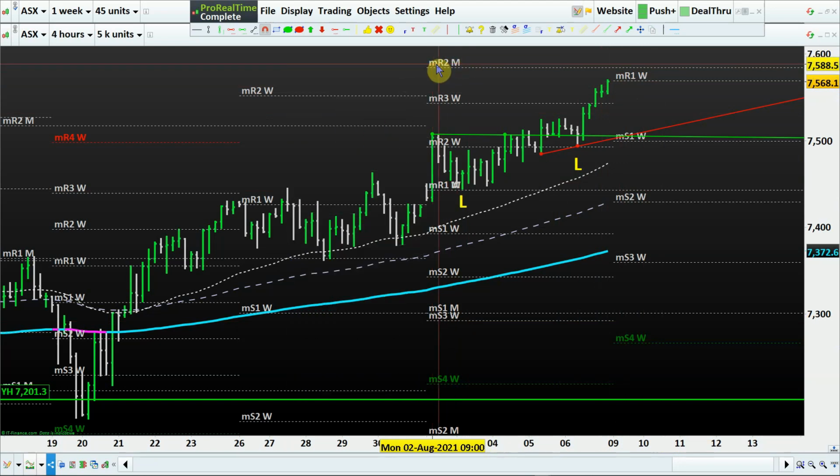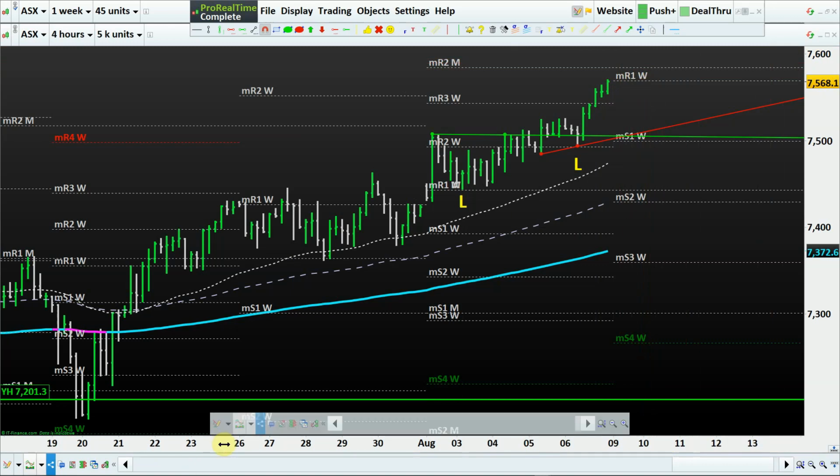M means middle. So this is weekly middle R1. So weekly middle R1 and monthly middle R2 are in there. But looking at the current bar, it is an up bar.